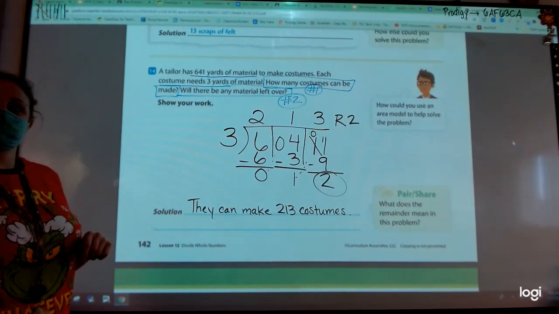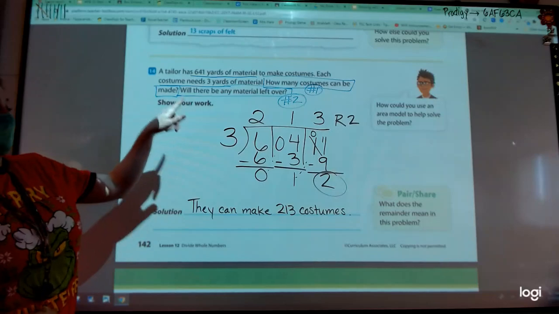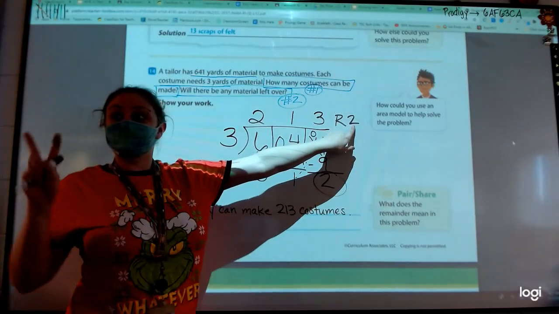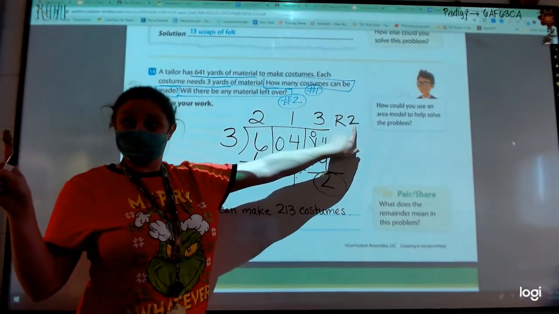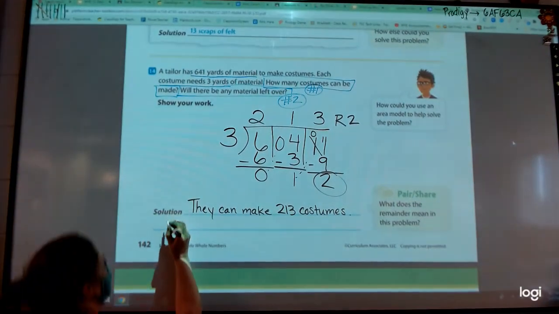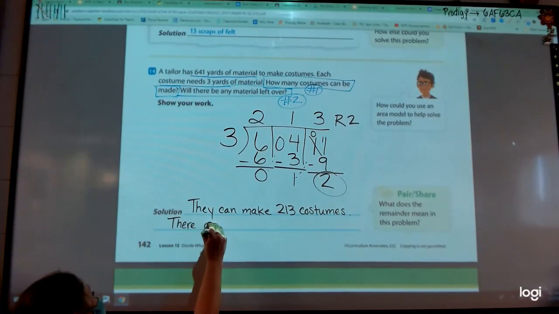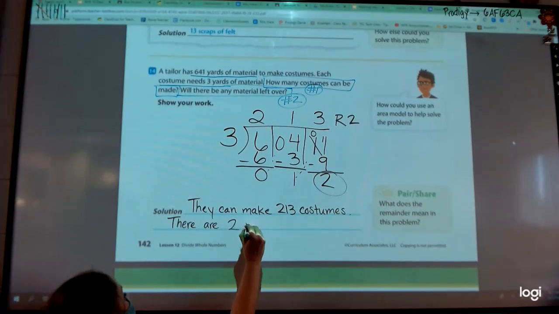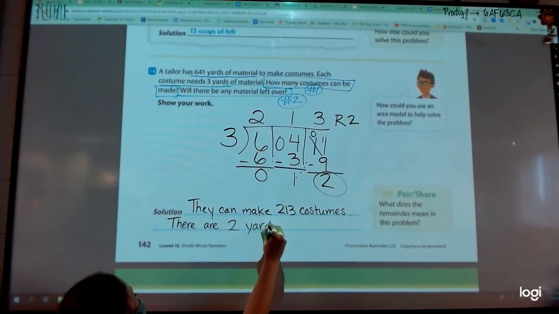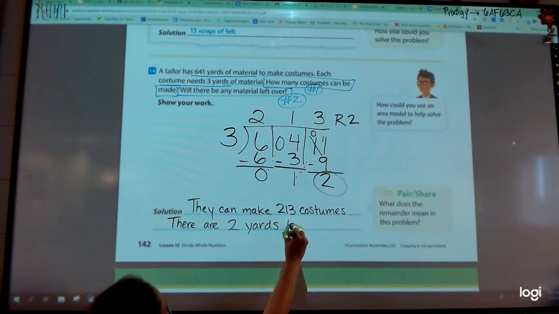Yards. Well, it is yards of material, right? So this 2 means they have 2 yards of material left over. Okay? There are 2 yards of material left over. You can just say yards.